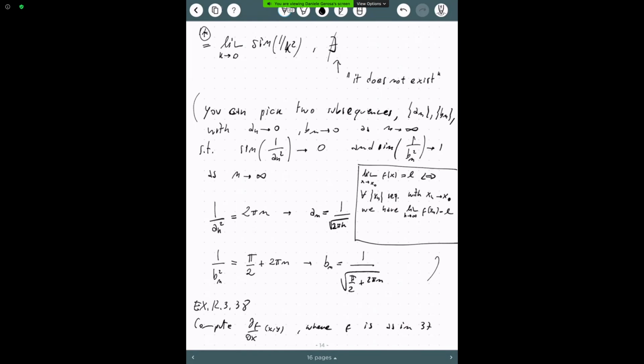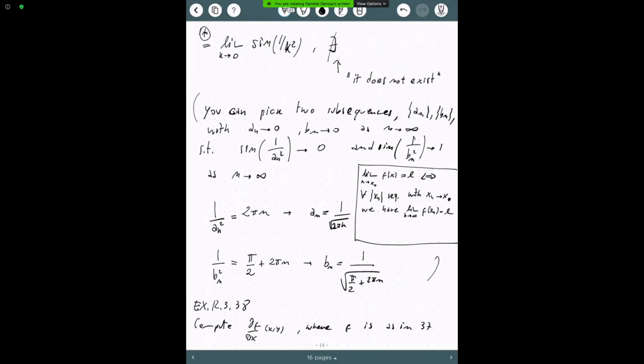You can see that an is equal to 1 divided by the square root of 2 pi times n. If you plug this into sine of 1 divided by an squared, you get sine of 2 pi n, and this is equal to 0 constantly for all n, because the sine is 2 pi periodic.